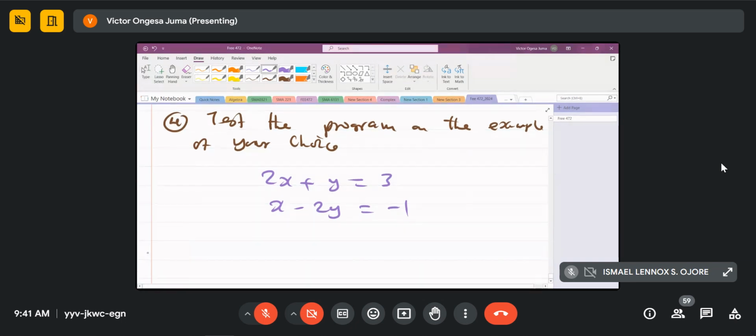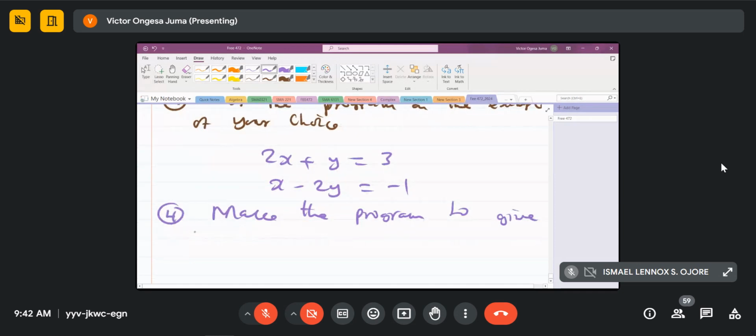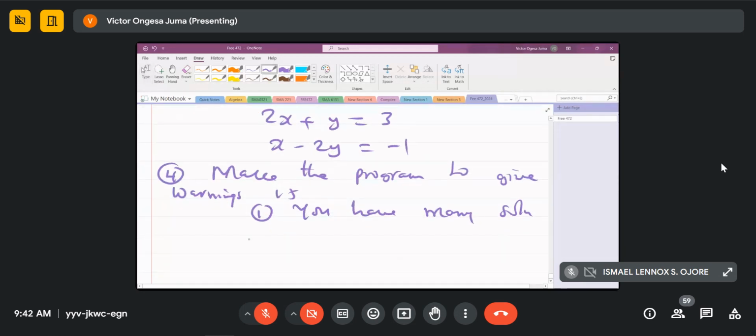Let me just put some comments. 5, make the program give warnings if 1, you have many solutions, or 2, no solution.